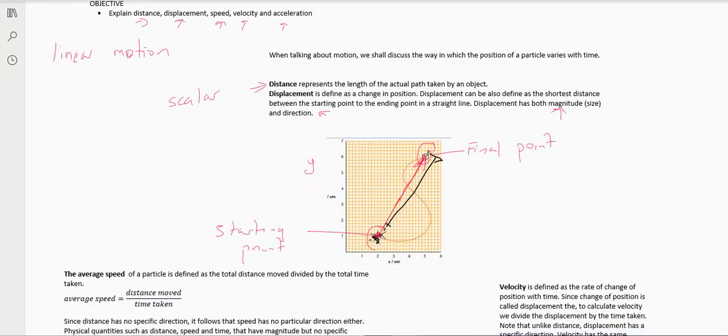All right, now let's see. Let me go back a little bit in regards to displacement.